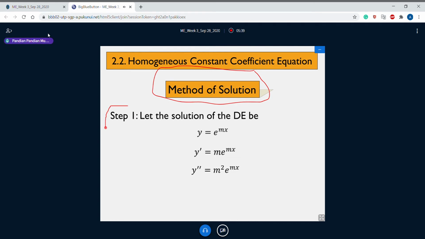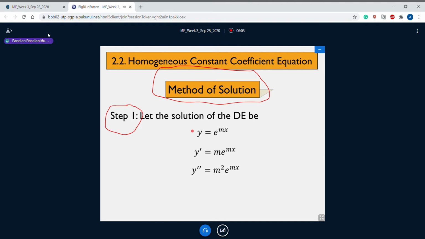Because in order to get the solution, you have to start with step 1. This is something like we want to show or prove how the final solution looks like. So that's why we have to start with this and then try to solve the problem.